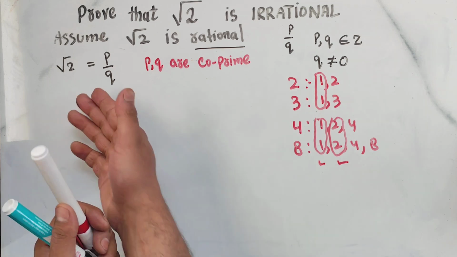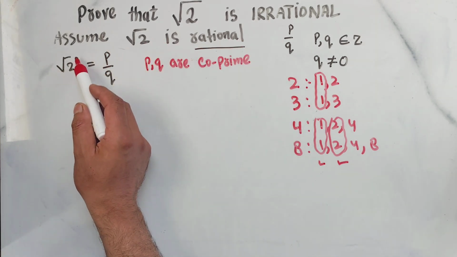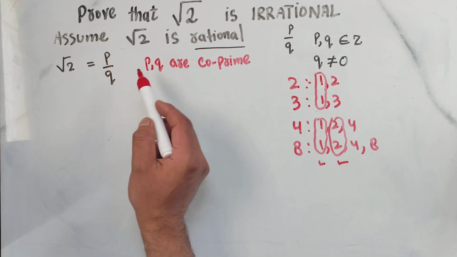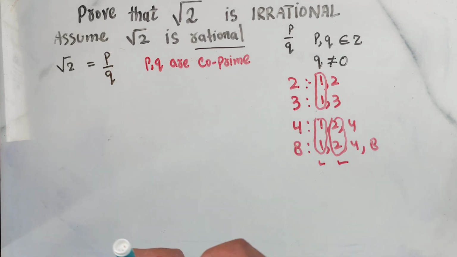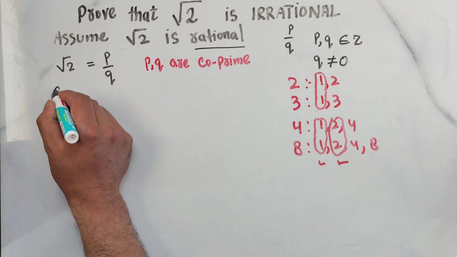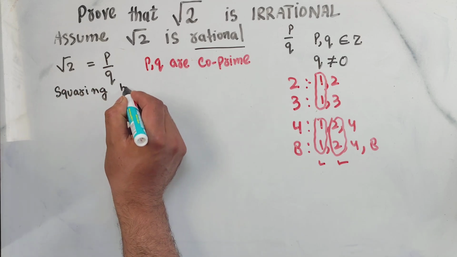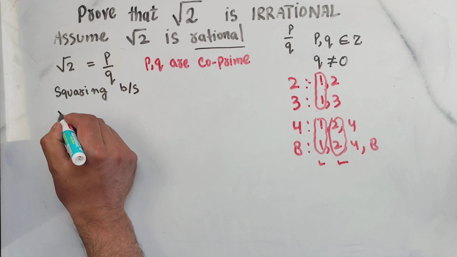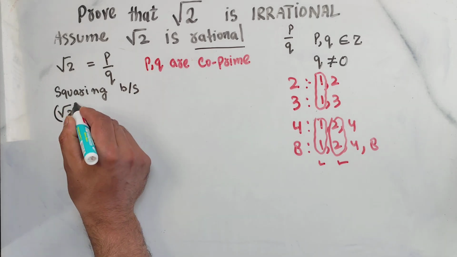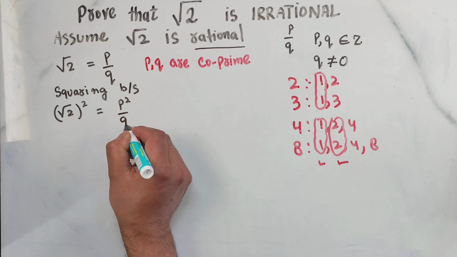Okay, so we assume under root 2 is rational. That means under root 2 can be written in the form of p upon q, where p and q are co-prime. They have no common factor other than 1. Now what we do, we square both sides. So squaring both sides, we have under root 2 square, and here we have p square upon q square.